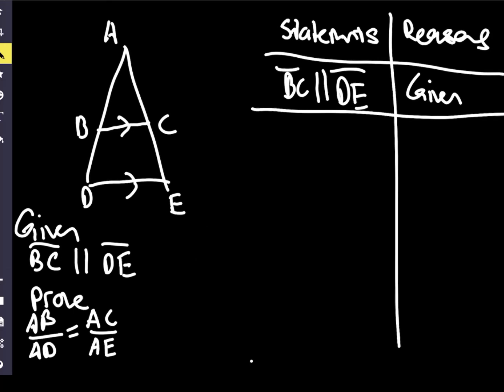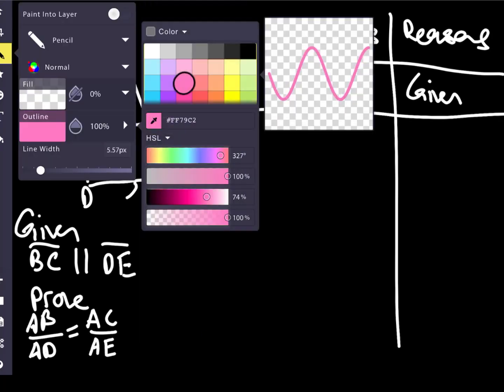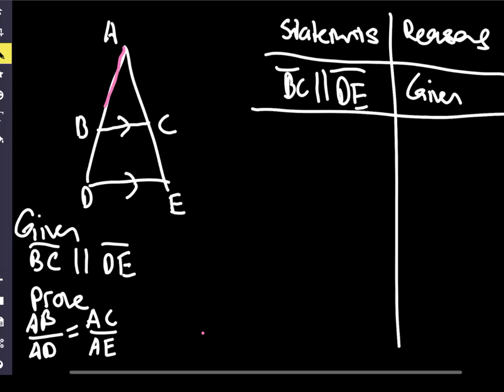Once again, we're dealing with some transversal stuff and parallel lines. So what I'm going to do, once again, is just highlight this part. Now, imagine a transversal like this. You have two lines, okay? And this is the angle that's formed. So we're starting at this angle.